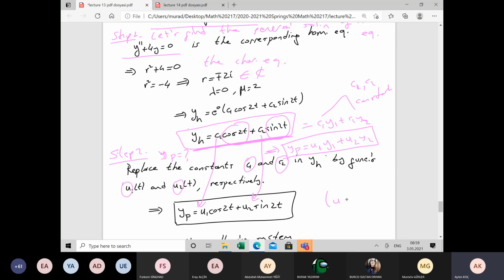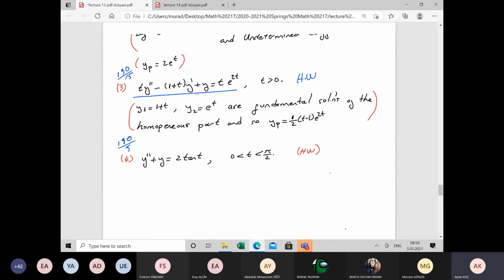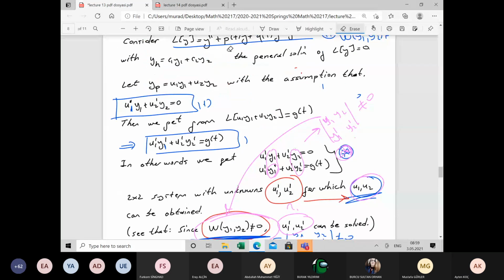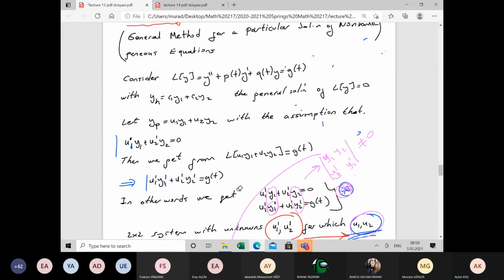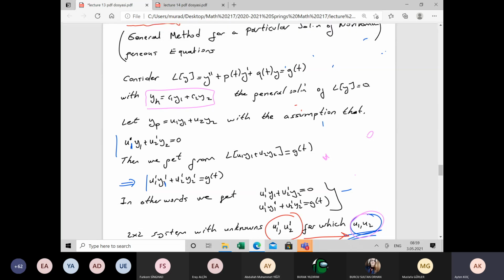This one is a particular solution, and what's the assumption? We claim that if we know the general solution of the homogeneous part, we can construct the y sub p particular solution. How to construct?